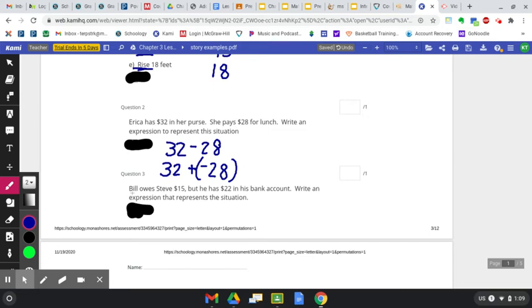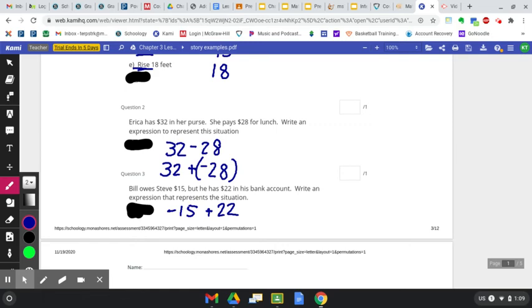It says Bill owes Steve $15, but he has $22 in his bank account. Write an equation to represent the situation. So he owes Steve, but he has $22 in his account, right?